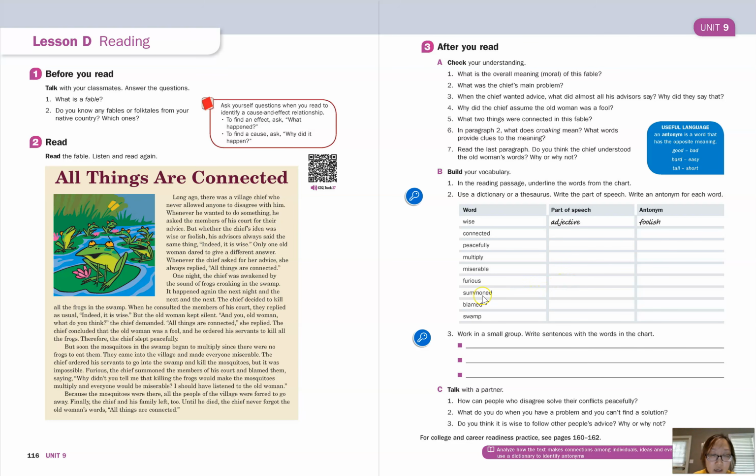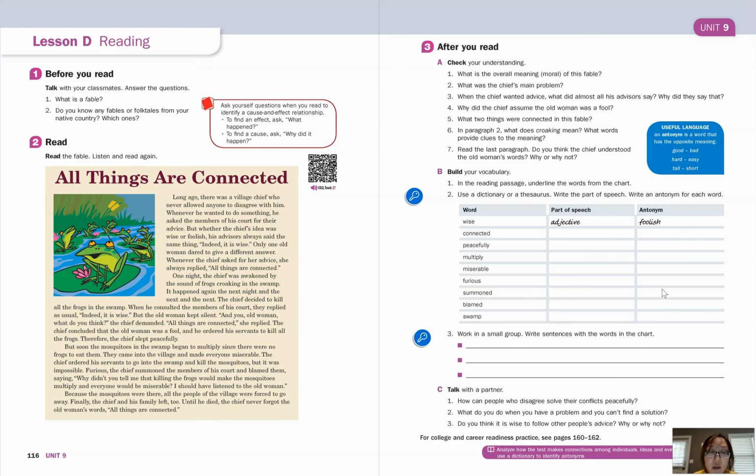And then summoned, here it says the chief summoned the members of his courts. Summoned means to call together, meaning calling people to come together, and usually you do that to tell them something you want them to do. So usually we use summon for kings, queens, and an opposite word or an antonym would be banish, which is also usually used when you're talking about kings and queens or rulers.